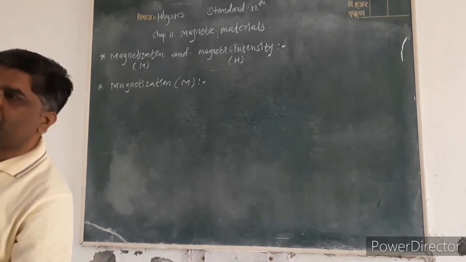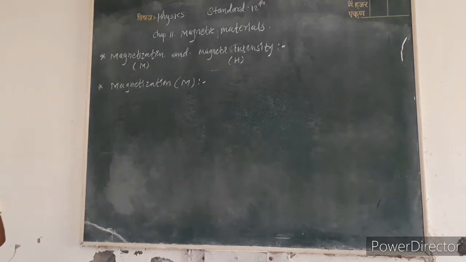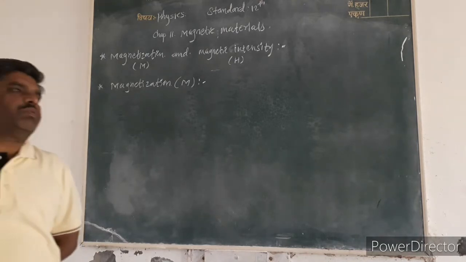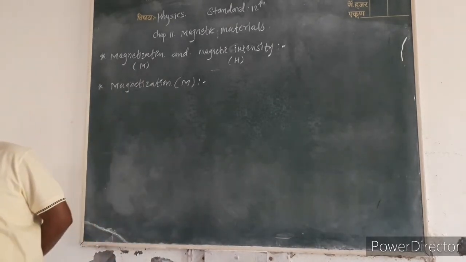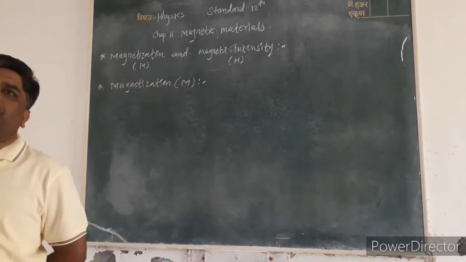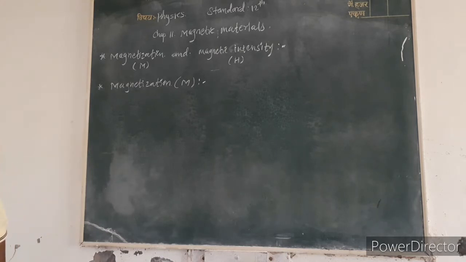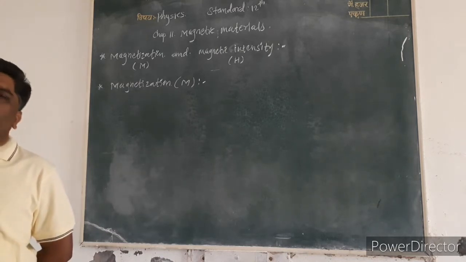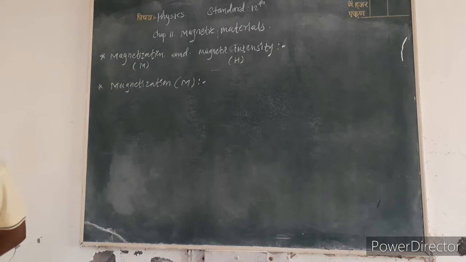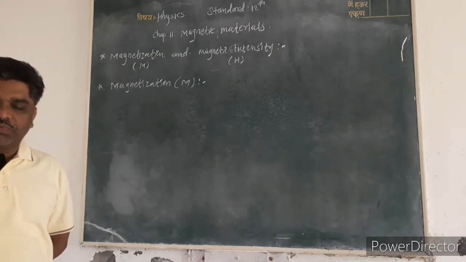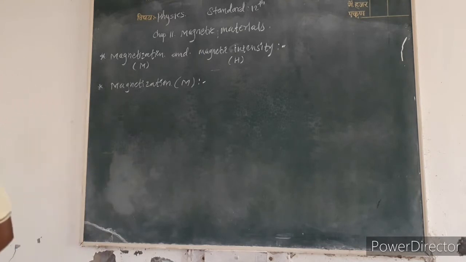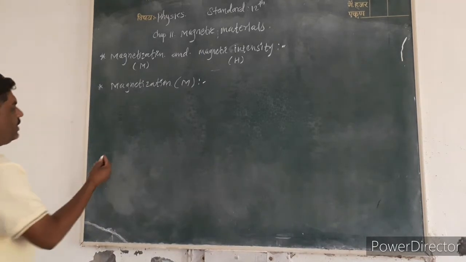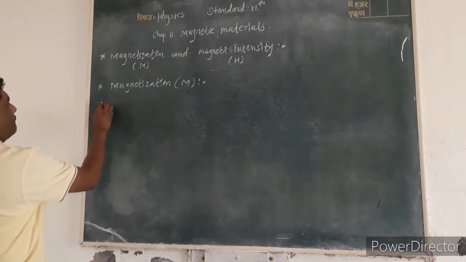Magnetization is nothing but the ratio of two quantities. The first quantity is the net magnetic moment or magnetic dipole moment, and the second is the volume of the material. It is nothing but magnetization. The definition is very simple.